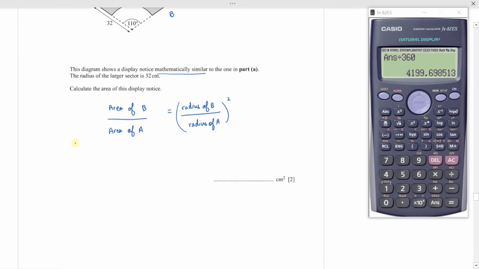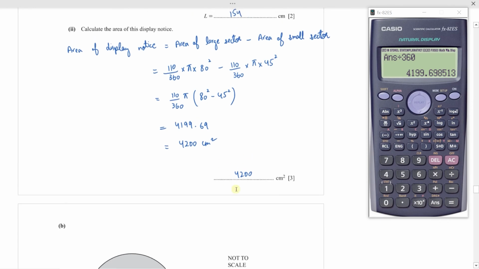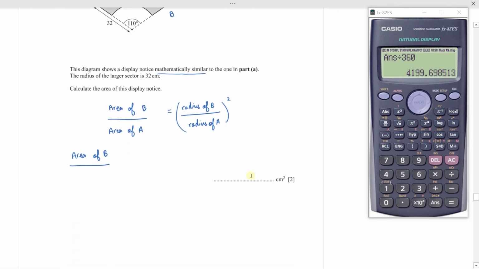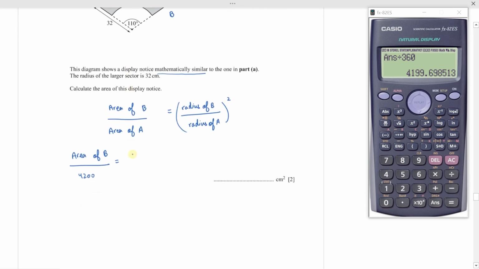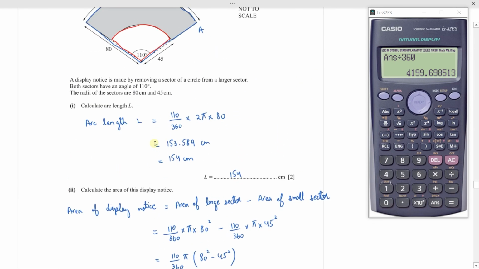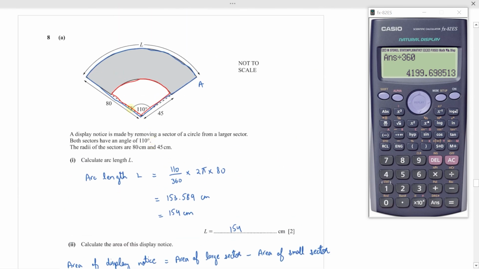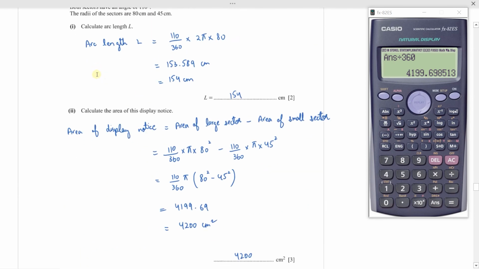So now we can substitute the values here. So area of B over area of A was 4200. So 4200 equals to radius of B is this, which is 32, and the radius of A, the larger sector here, was 80.